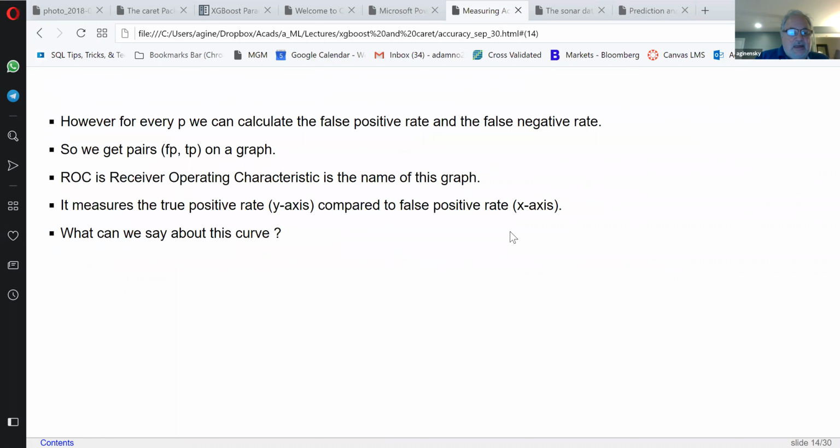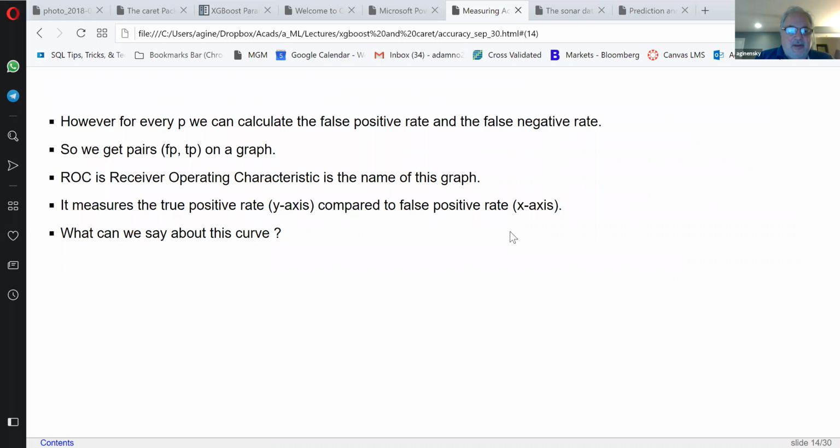So, in essence, when you produce a model with probabilities, for every p, you get the false positive rate and the false negative rate. So you can get pairs of false positive and true positive rates, and you can graph them for every probability. Now, ideally, even if you took probability equal to 0.01, it would correctly identify every true example and correctly identify every false example. Most models aren't going to be even vaguely that good.